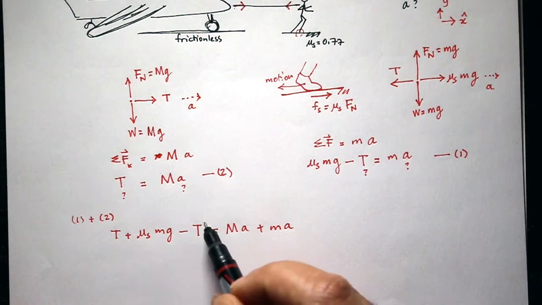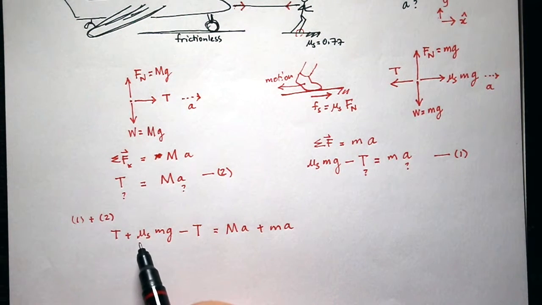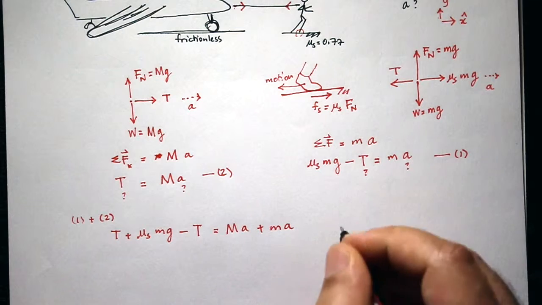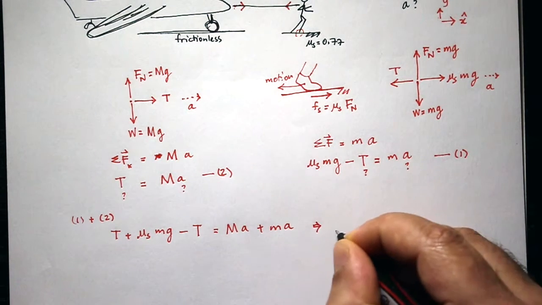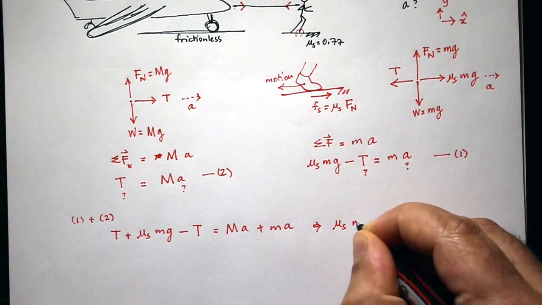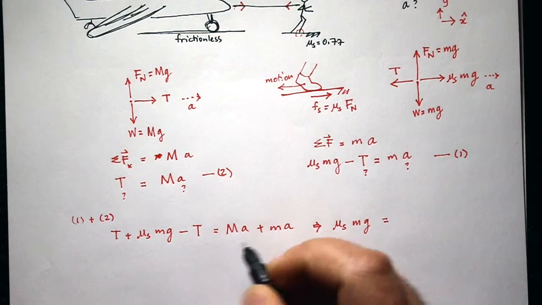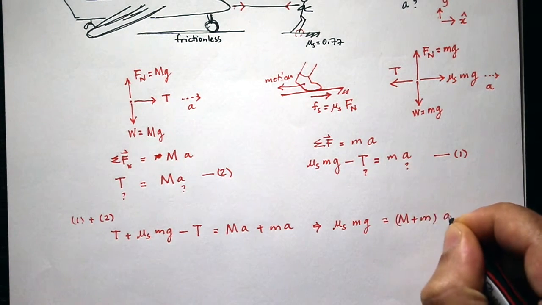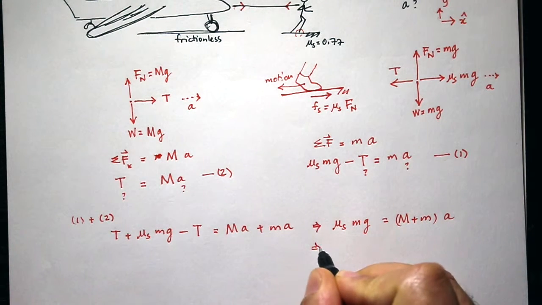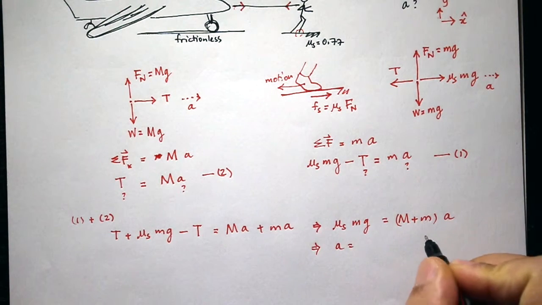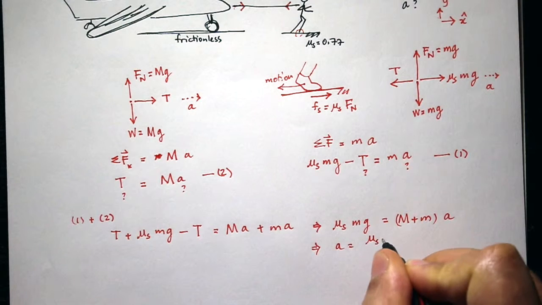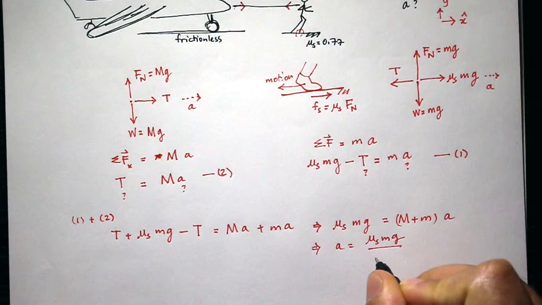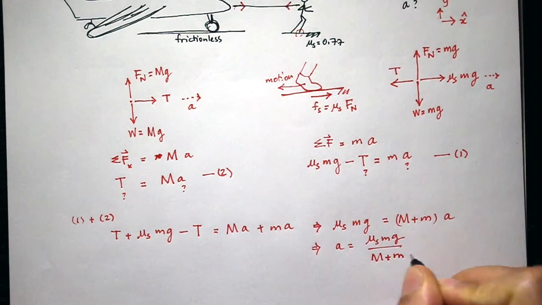The T cancels with the T, and I'm left with the friction force is equal to, so mu s m g is equal to capital M plus small m multiplied by the acceleration, which implies that the acceleration is equal to this force divided by the total mass.